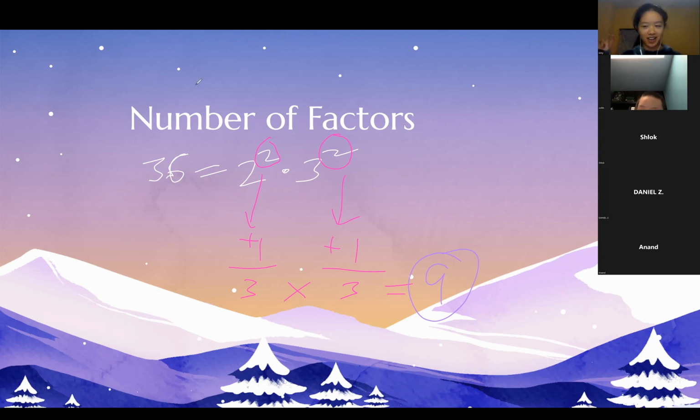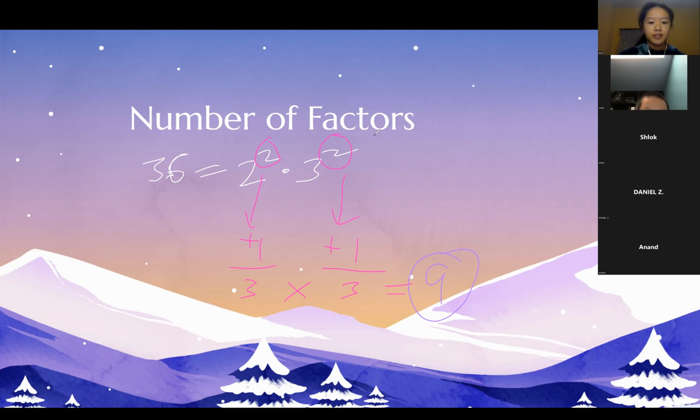So that's basically the hack for finding the number of factors. And why it works is because any factor of 36, which would be 1, 2, 3, 4, 6, 9, 12, 18, 36, is a combination of 2s and 3s.